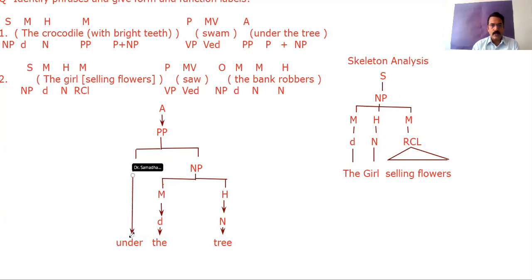So under, the, and tree, all these three words should come in a horizontal alignment. That is, on the same line they should come. In this way we can draw a skeleton analysis for the phrase under the tree, isn't it? So you can choose either of the two. You can either analyze phrases using bracketing kind of analysis or skeleton analysis. You have the choice.